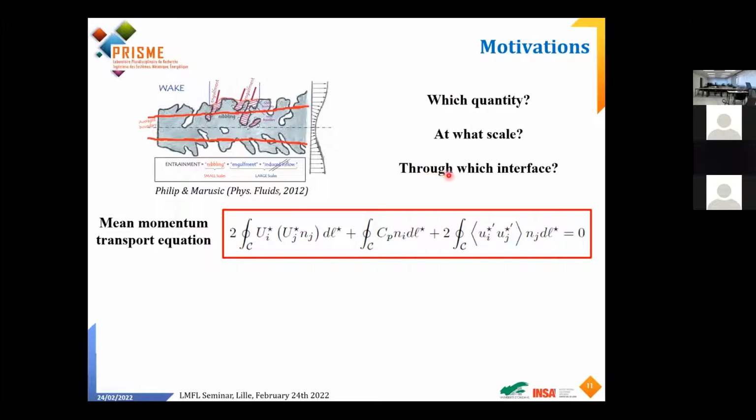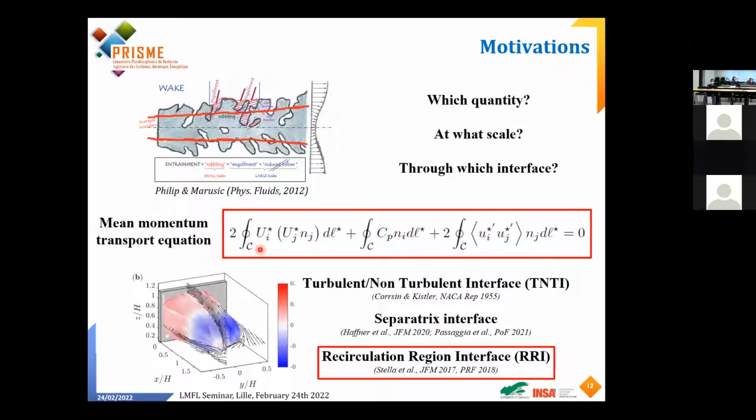Now I need to address the last one, which is what interface I will select to look at this momentum equation, because here it's an integral form of this equation, where I need to define the contour C on which I process my flow. There is plenty of choice.